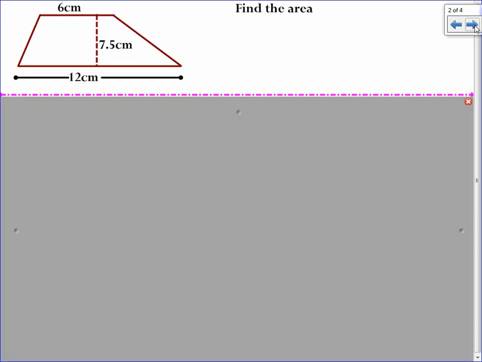So looking at this one, do we have everything we need? Yes, we do. So we're just doing our 3 lines of work. Very straightforward problem. Height and the two bases.